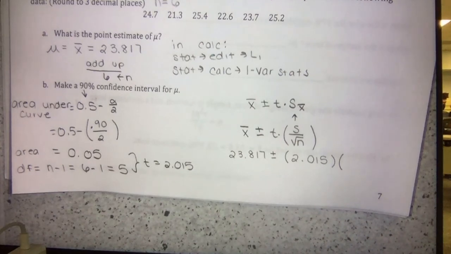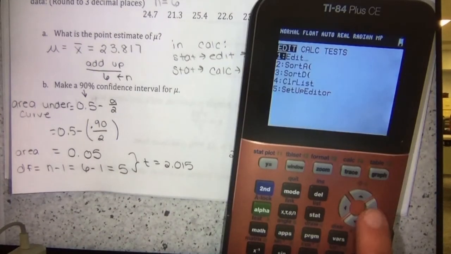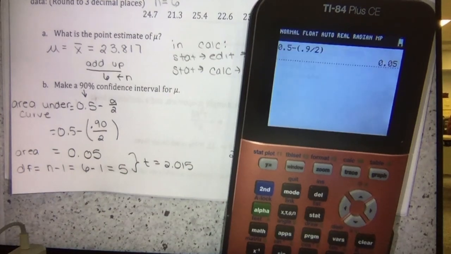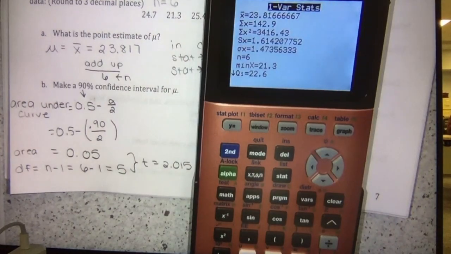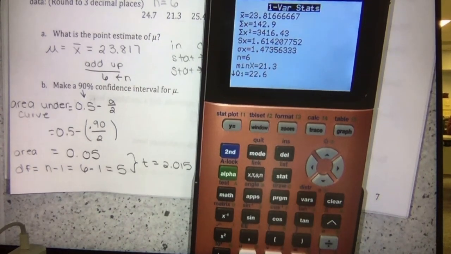This is where putting it into the list helps, because now whenever we go back to stat, go back to calculate, go back to one variable statistics, we are looking for our sampling standard deviation, our S, which is 1.6142.